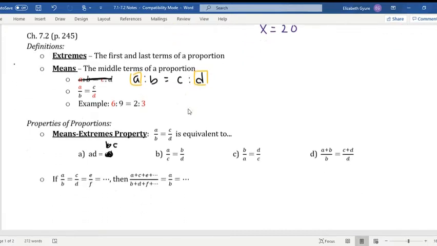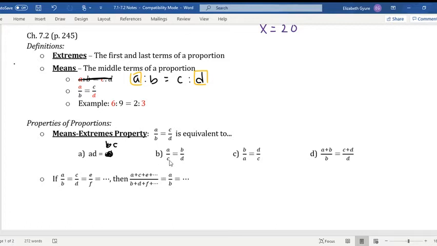So anyway, means and extremes property. By the way, guys, this is on page 245 in your book. It's in a little purple box, so you can look at it there too. The means extremes property just tells you a few things that your ratio is equivalent to. A to D would be equivalent to B to C because that's your cross multiplication, right?